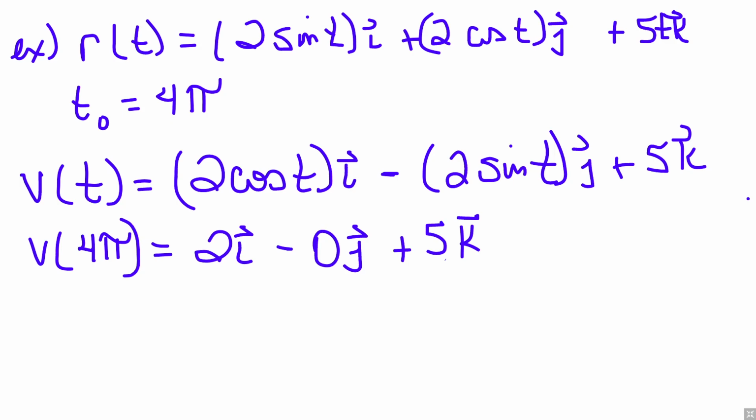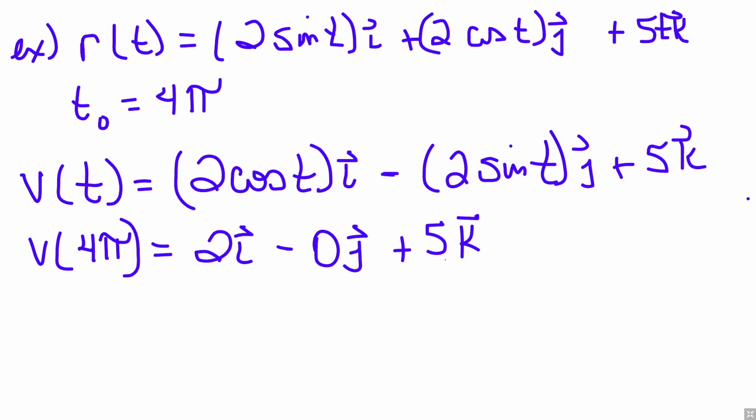Okay. Now, in order to write the equation of the parametric line, what else am I missing? What is the other thing that I'm missing in order to write the parametric equation of a line? The slope.